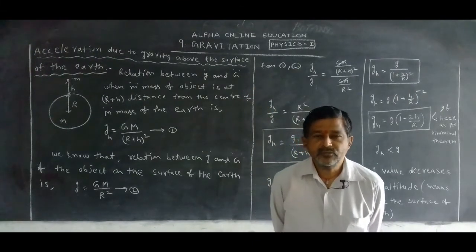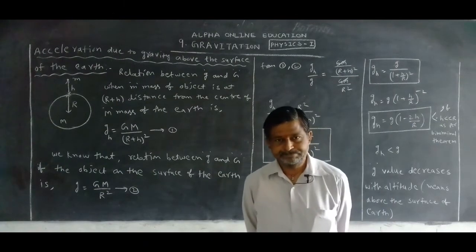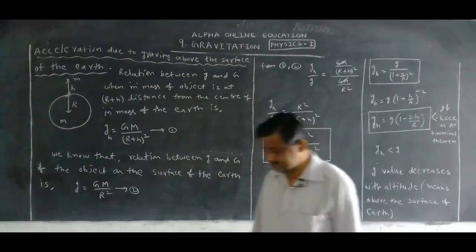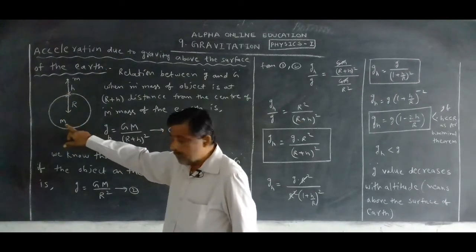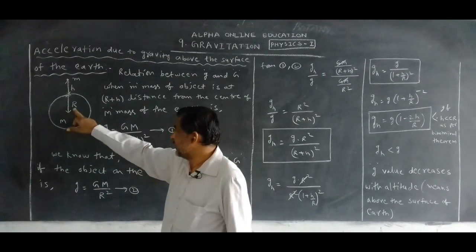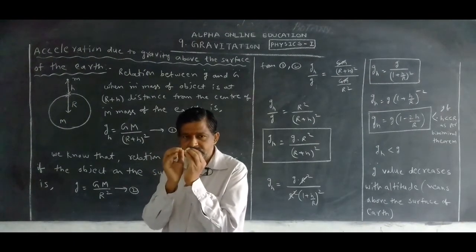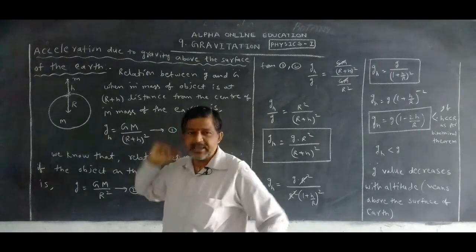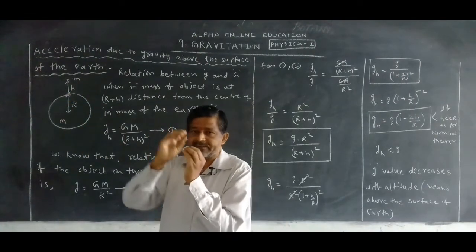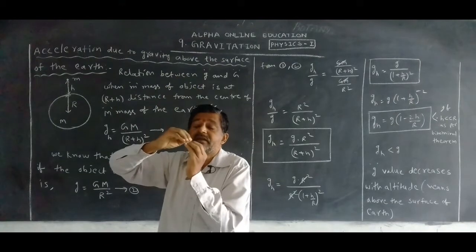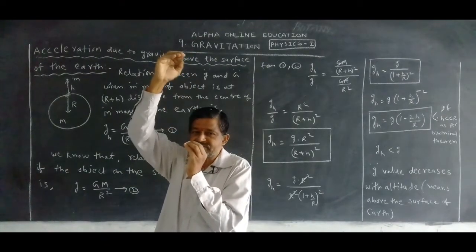Now we want to derive the mathematical expression for it. Let us see. This is earth, mass M, radius R. Now let us take one object of mass m at height h from the surface of earth.